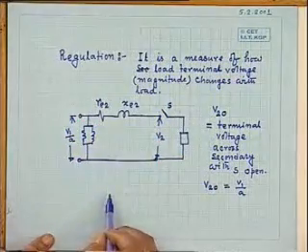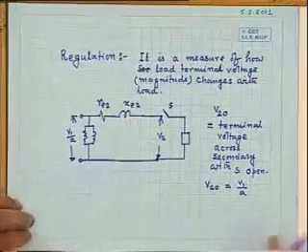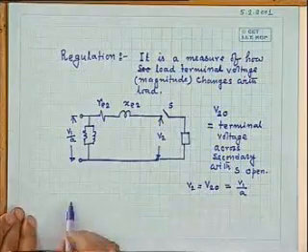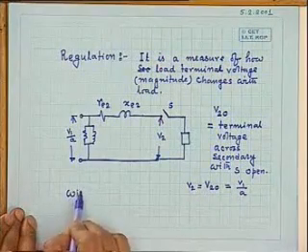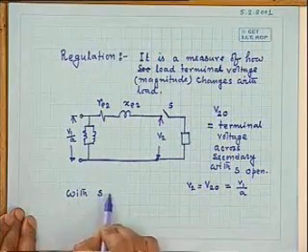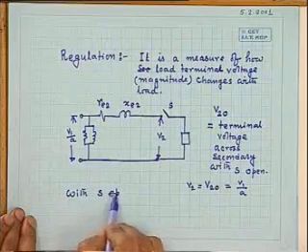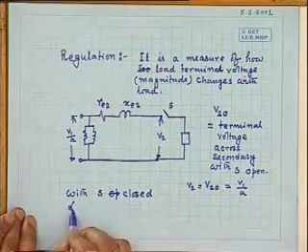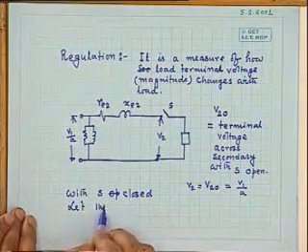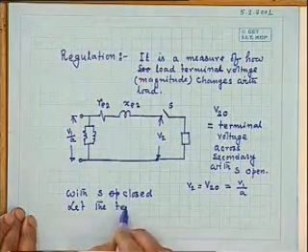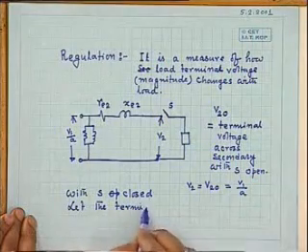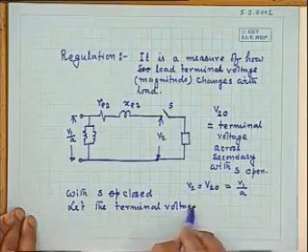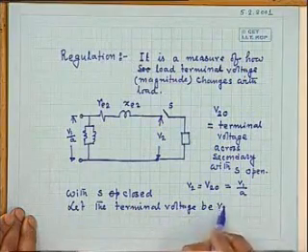And so V2 is equal to V20 under this condition. With S closed, let the terminal voltage be V2.